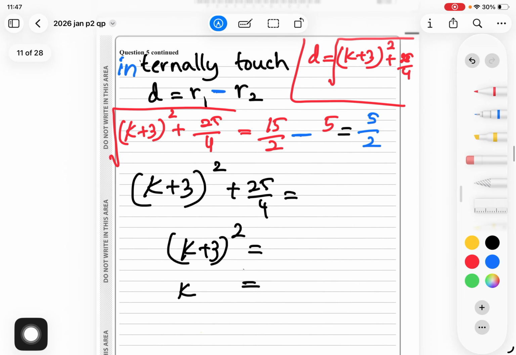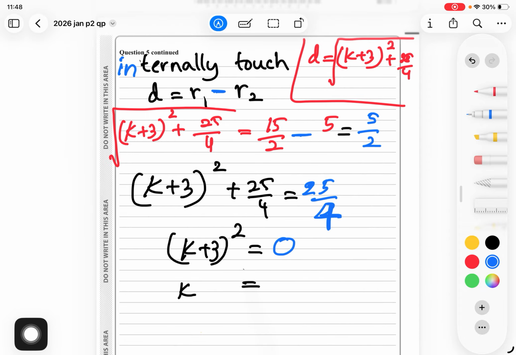Okay, now we have that. Once we have this number, it is going to be this one, which is 5 divided by 2. When you square it, 5 will be 25. This should be 4. So we can say this is going to be 0.